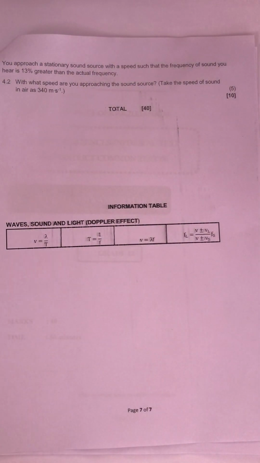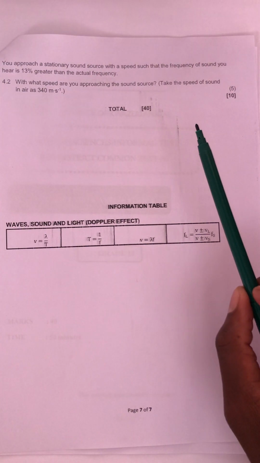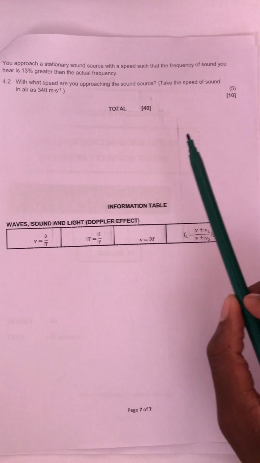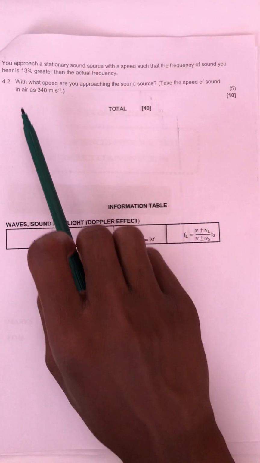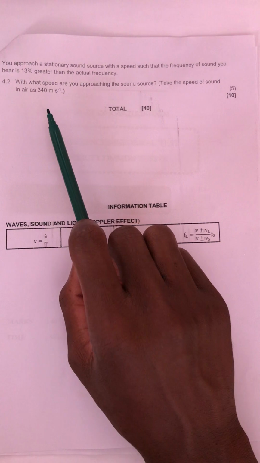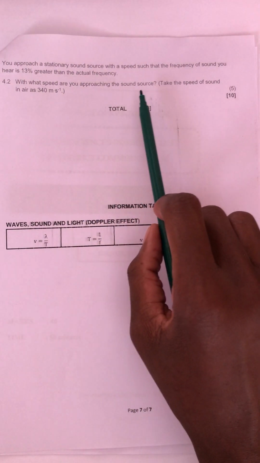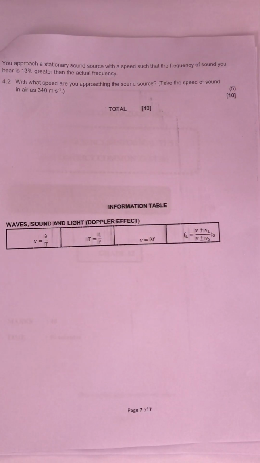So it means that the frequency that we hear should be 13% greater than the actual frequency that is being emitted by the source. So now, with what speed are you approaching the sound source? You take the speed of sound in air as 340 meters per second.